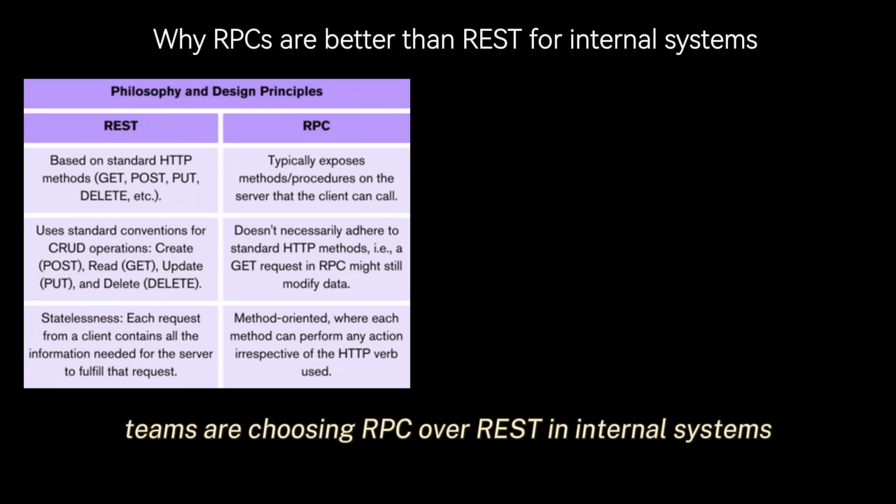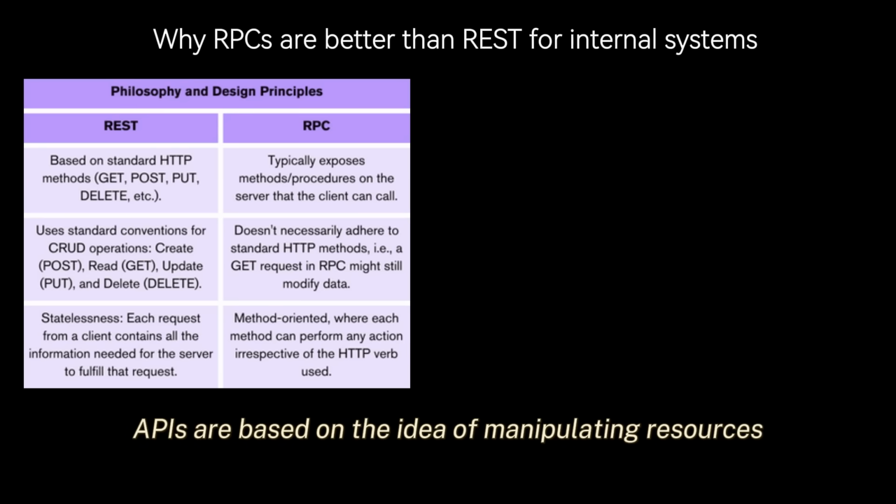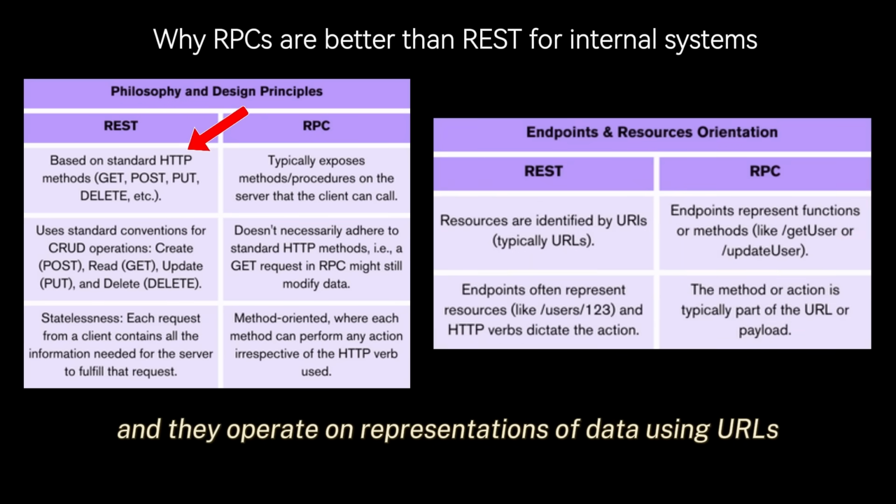A major reason teams are choosing RPC over REST in internal systems is efficiency as well as control. RESTful APIs are based on the idea of manipulating resources using a fixed set of HTTP verbs. I'm sure you've heard of get, post, put, and delete, and they operate on representations of data using URLs.